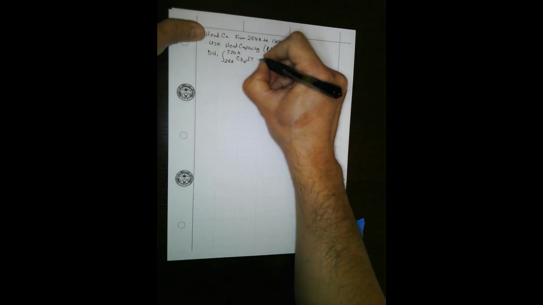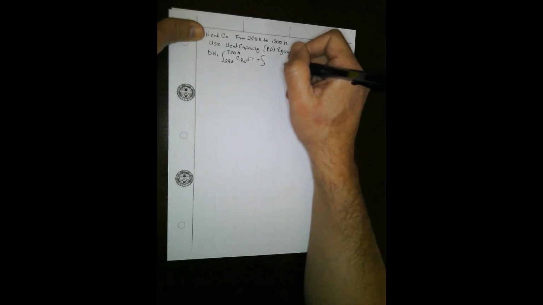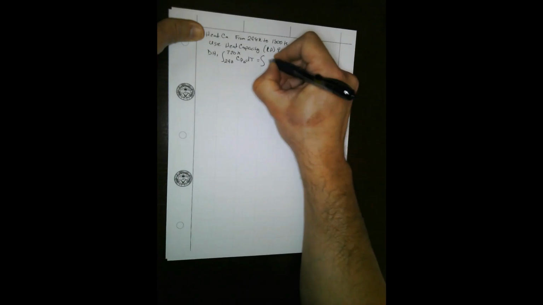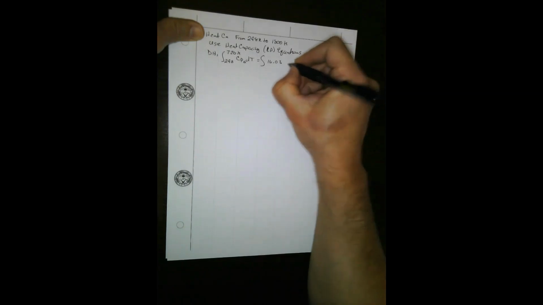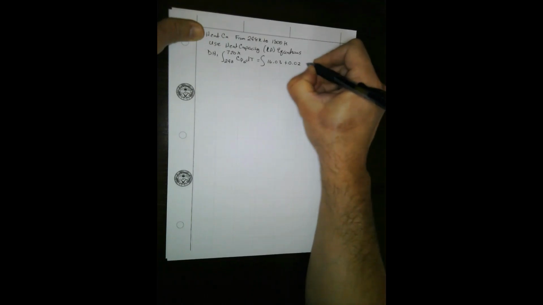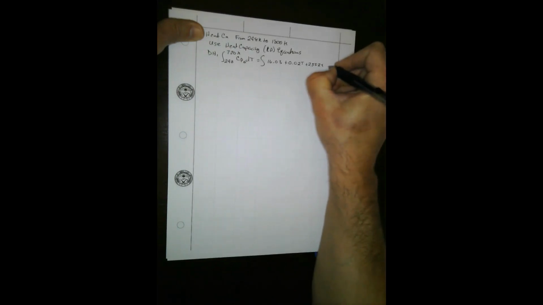The equation that's given off of our table, and I'll leave off some decimal points for brevity, is about 16.03 plus 0.02 T, plus 25524, excuse me, 224 T to the negative 2.